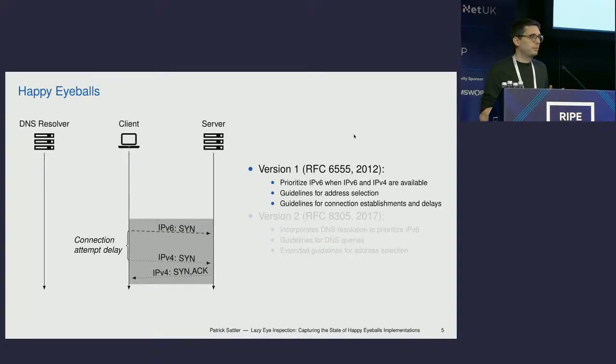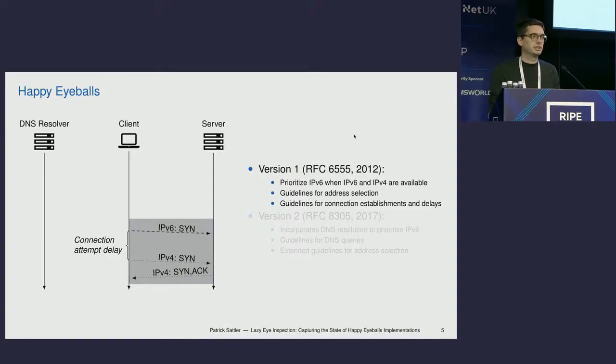To give you a short background on what Happy Eyeballs actually is and how it works: version 1, standardized in 2012, prioritizes IPv6 over IPv4, and it does that using a thing called the connection attempt delay.